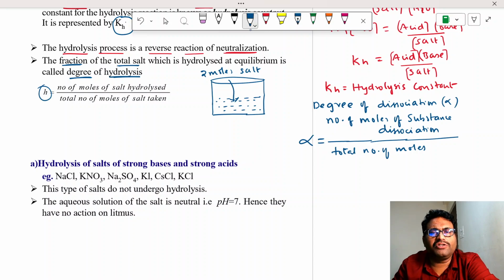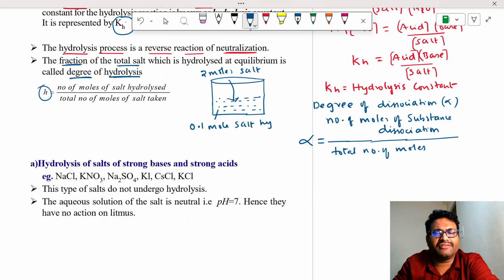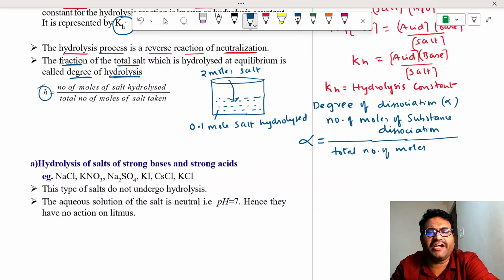Among the 2 moles, let me take only 0.1 mole of salt hydrolyzed. Hydrolyzed means, as I have already discussed, the reaction of salt with water. Only 0.1 mole of salt is hydrolyzed. The complete salt is not hydrolyzed.